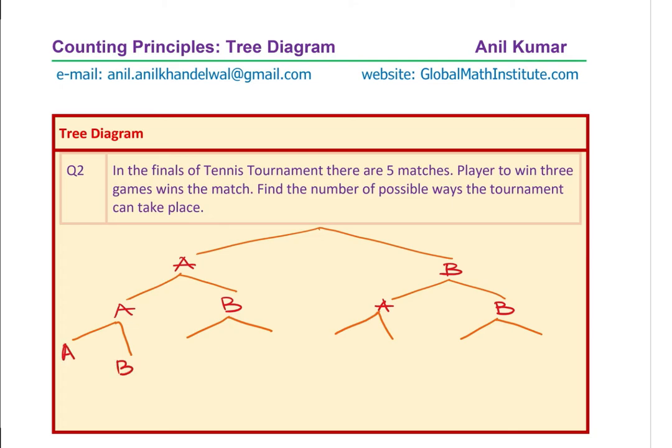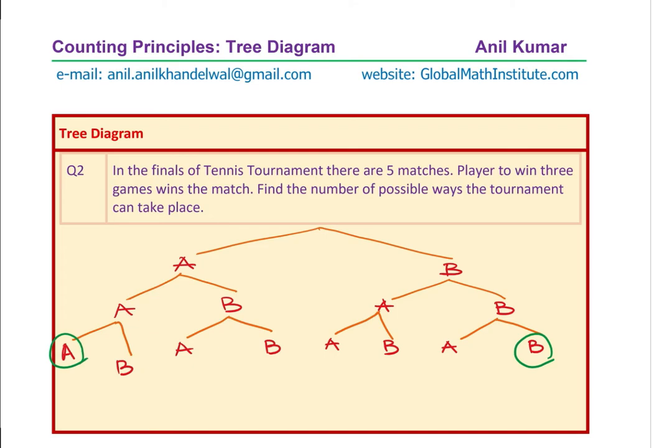If not, then that will be continued, right? So like this, we need to continue this branch and then figure out when any individual wins 3 games. Clearly, A wins, so this branch now terminates. There B wins and the branch terminates. See, it is symmetrical, right?